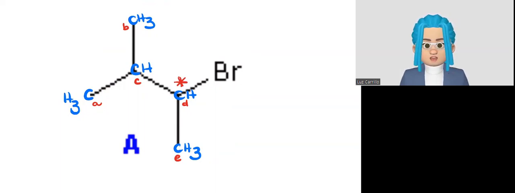What I'm trying to illustrate is that if this molecule has a mirror image, the relationship between the 2 molecules is going to be enantiomers, because the molecule has a chiral center.